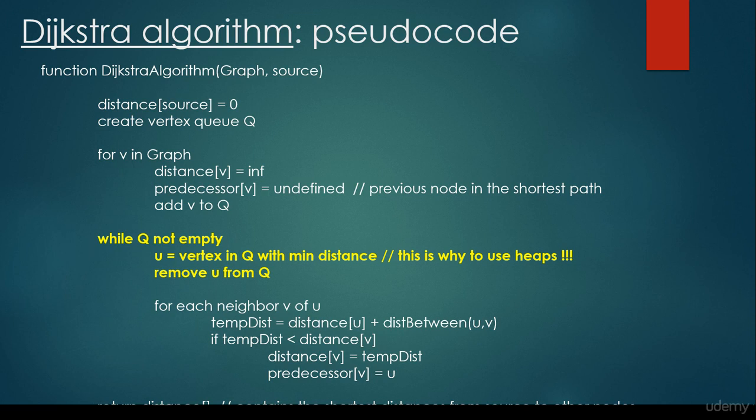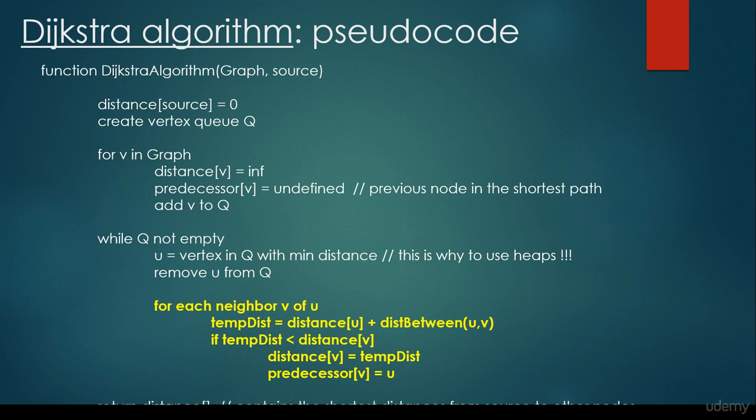And basically this logarithmic time complexity is going to yield the linearithmic time complexity as a whole for Dijkstra's algorithm. So if we wouldn't use an appropriate data structure, a heap for example, then the running time would be worse. Then it's very important that we remove this u vertex from the queue, so that's why we have to reconstruct the heap, and it takes logarithmic time complexity.